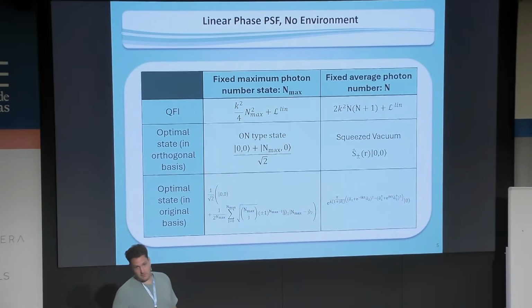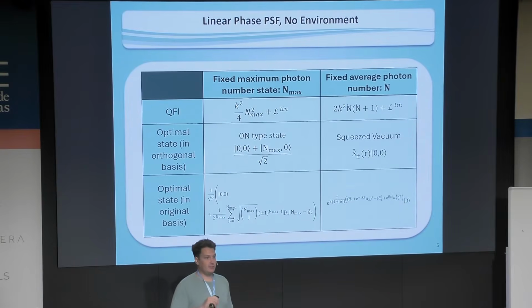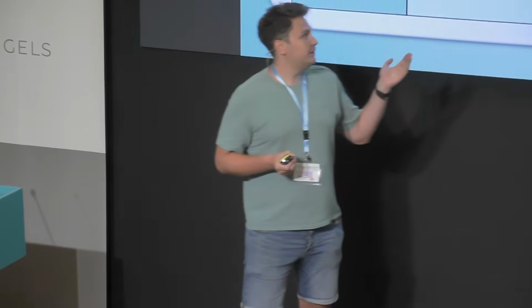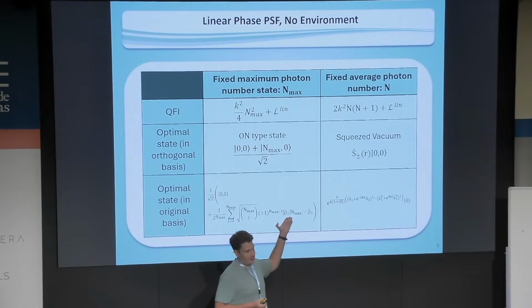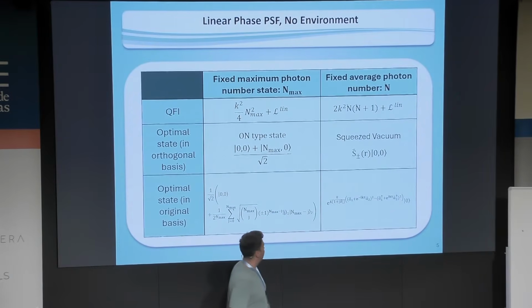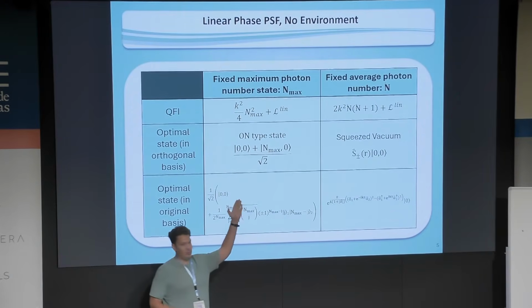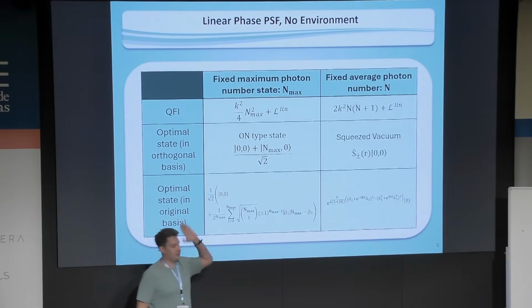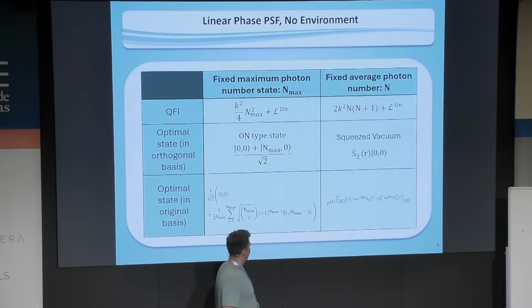The other way is to not truncate the Hilbert space, restrict yourself to just Gaussian states, and just fix the average number of photons. In that case, the optimal state is a squeezed vacuum state, either in the symmetric or the antisymmetric modes. And that will give you also a Heisenberg term in your quantum Fisher information.